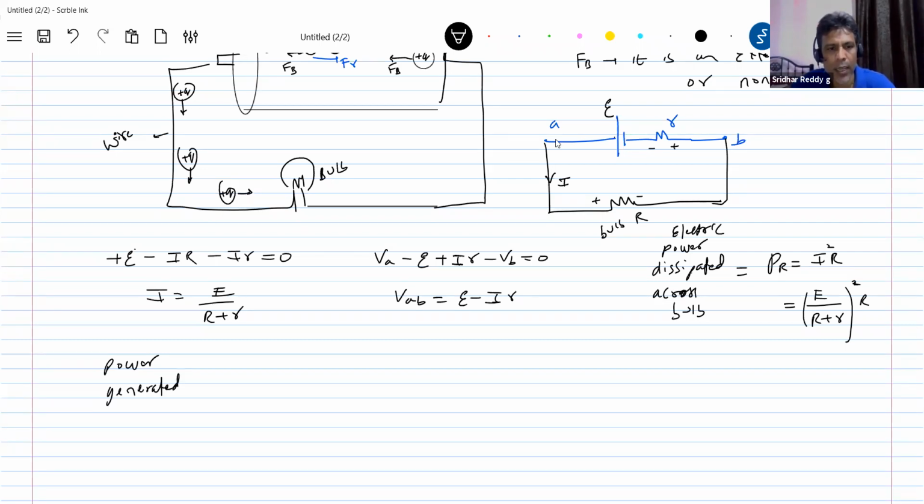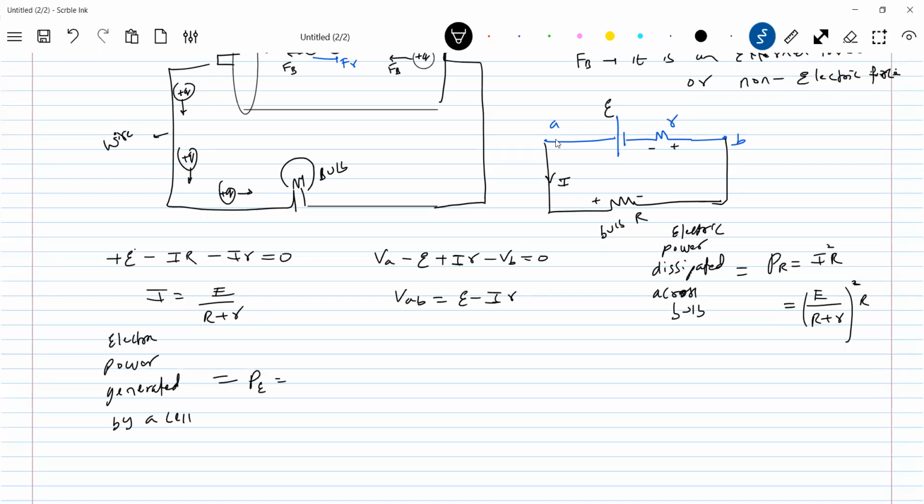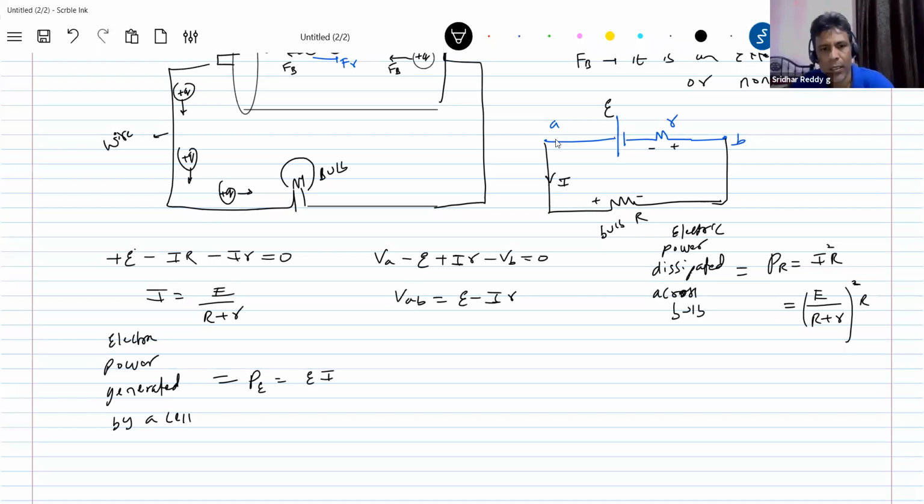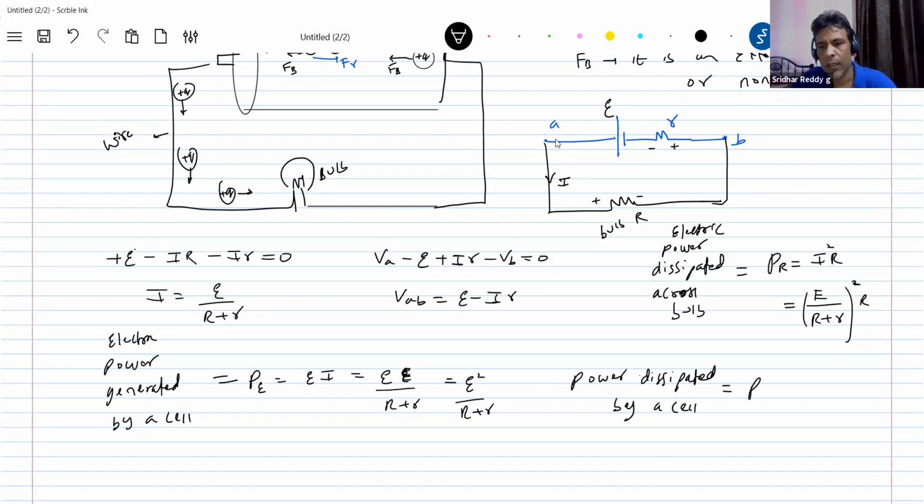Electric power generated by a cell is equal to E into I. Then the power dissipated by a cell, that will be in the internal resistance. So this we should write as I square r.